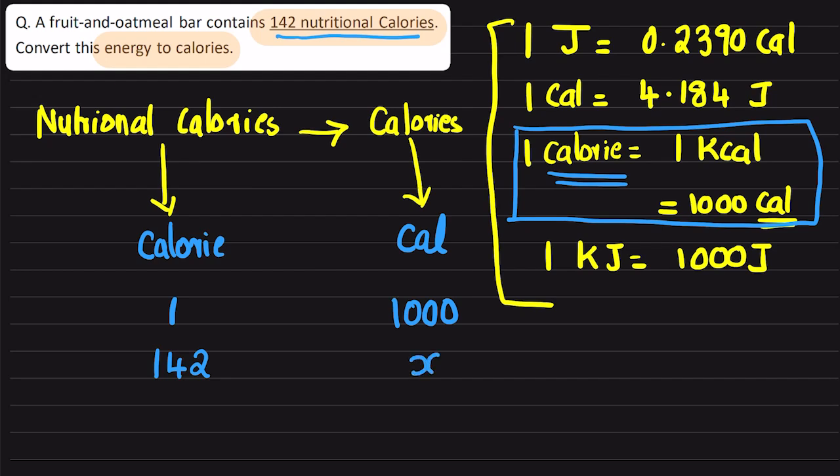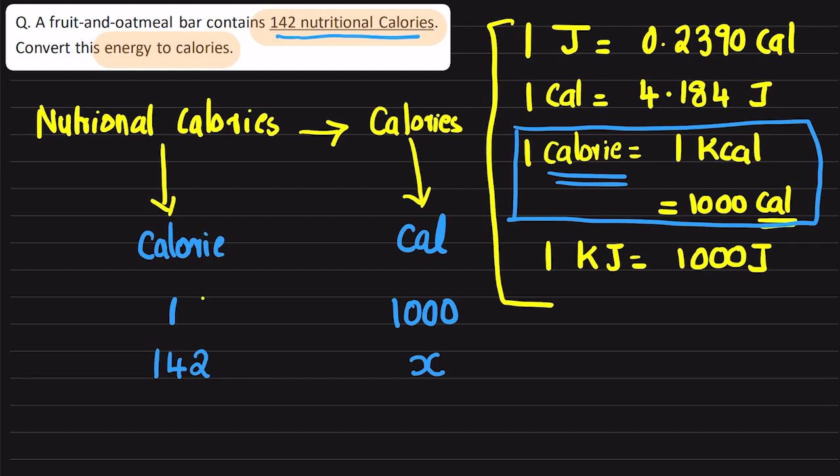Take it as X. So what steps did we do? First, we need to take the relation because they ask you to convert nutritional Calories to cal. So 1 Calorie equals 1000 cal from the relation. The given point is 142, is how much cal? Take it as X.